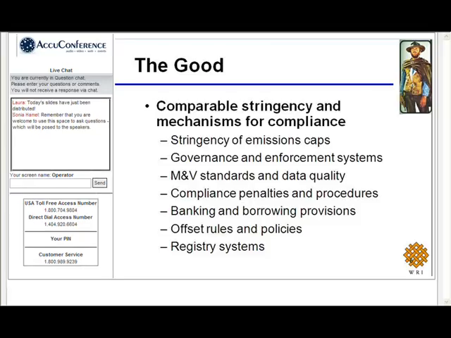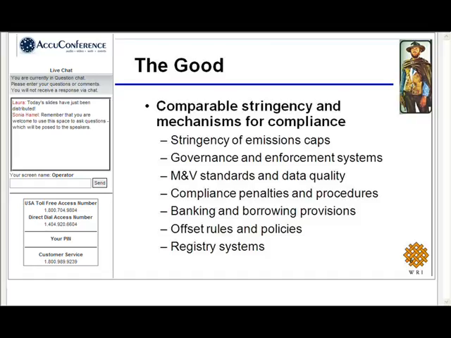Monitoring and verification standards and data quality. I think the key issue here is the quality of data that is generated under both systems. The monitoring and verification procedures and the instruments used to track or measure emissions do not have to be identical.